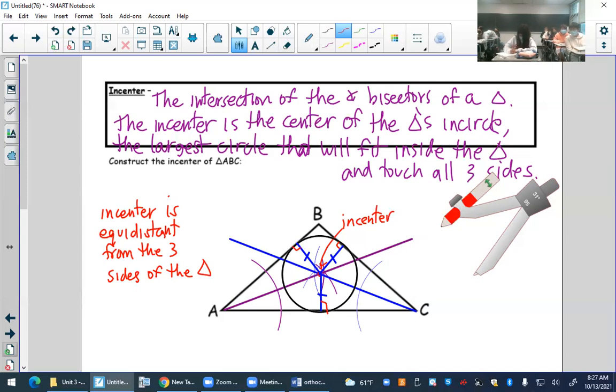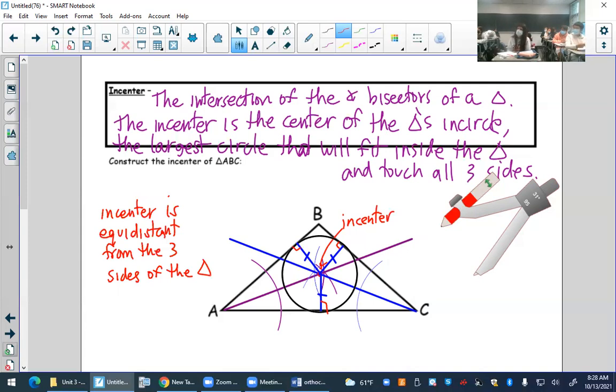Could the incenter be outside the triangle, right? Nicolette? No. Okay. Everyone agree? Why not? It's the center of the circle, which is inside the triangle. So there's no way it could be outside the triangle.